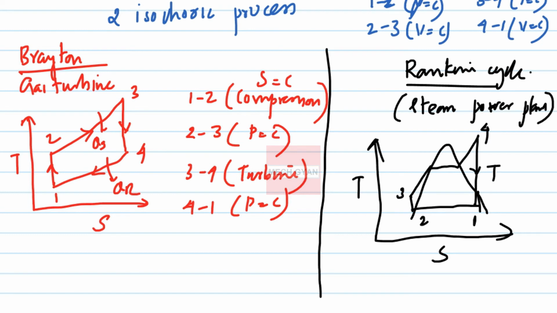The turbine is one process, 3 to 4 is the boiler, 1 to 2 is the condenser, and 2 to 3 is the pump.